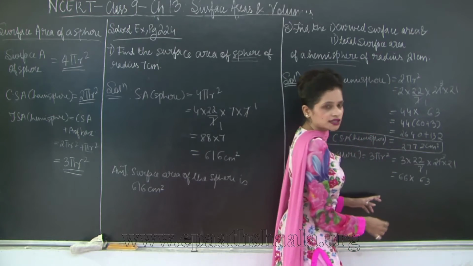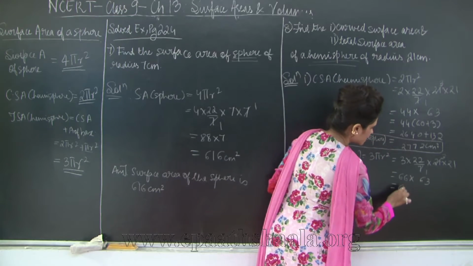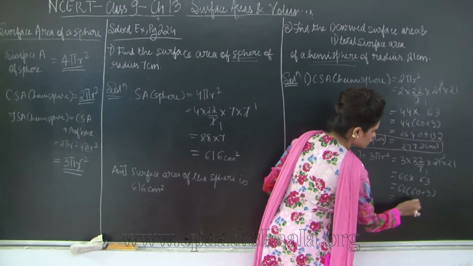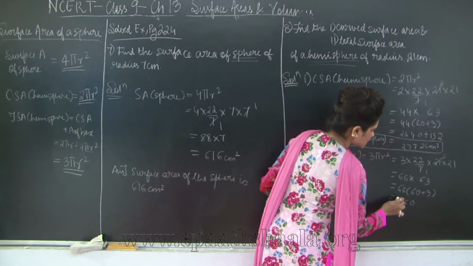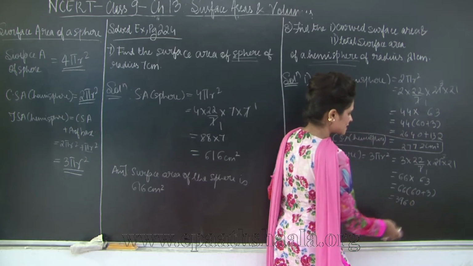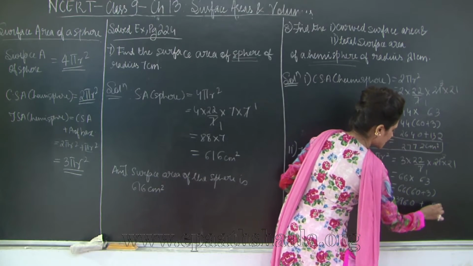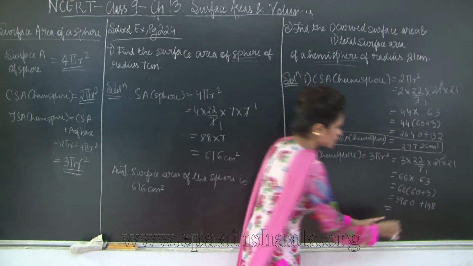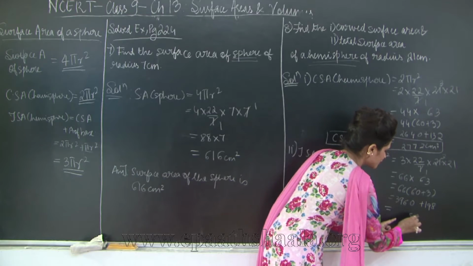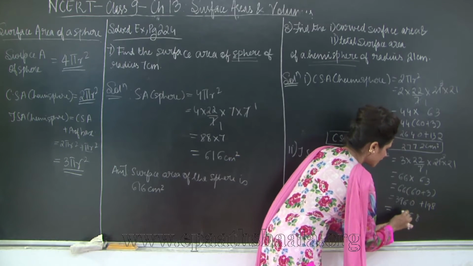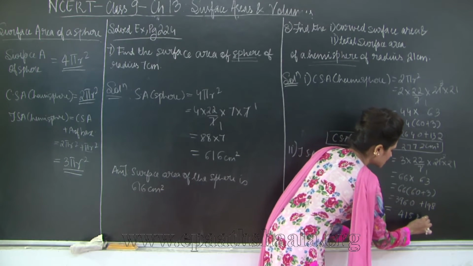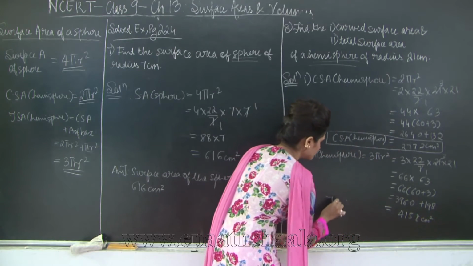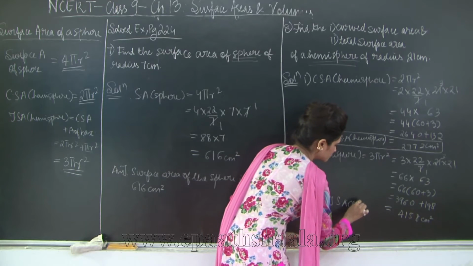So 66 into 63 will be 66 into 60 plus 3. 6 6s are 36, plus 3, 39, 3960, plus 3 6s are 18, 198. So 198 plus 3960 would be 4158 centimeter square. This is the total surface area of hemisphere.